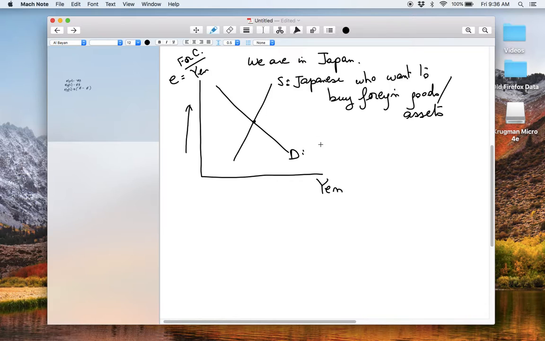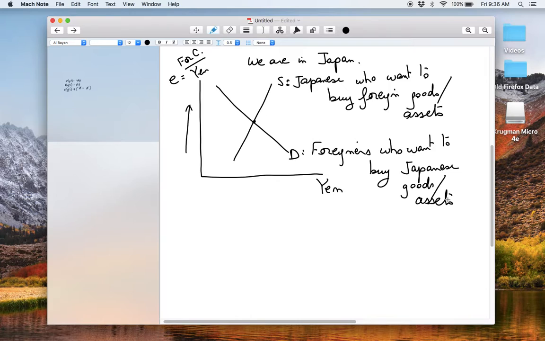And the demand comes from foreigners who want to buy Japanese goods and or assets.